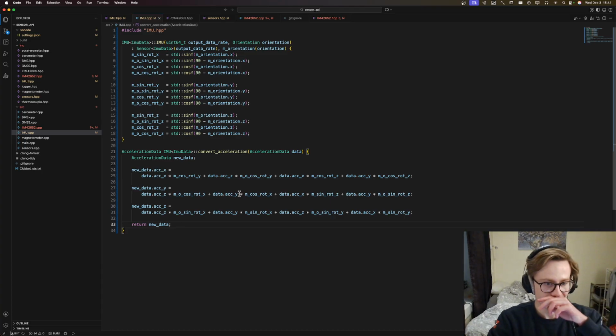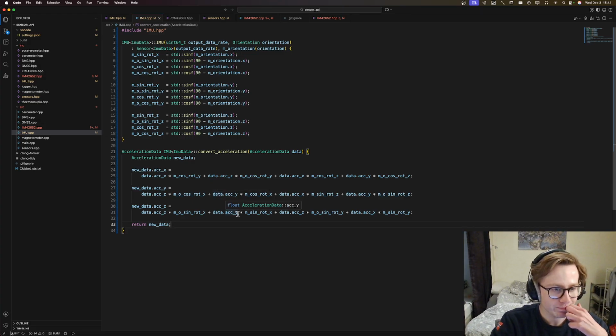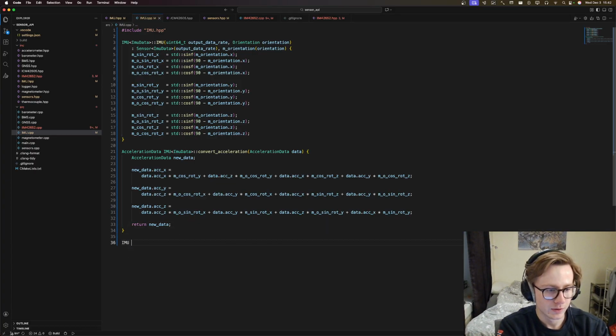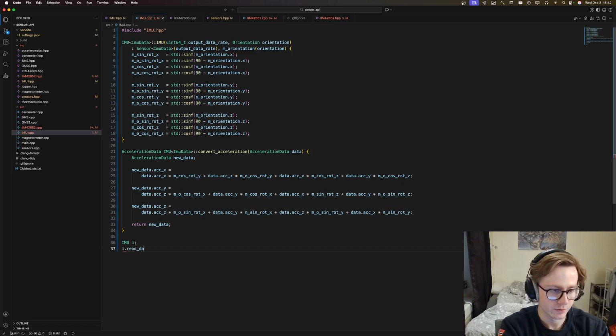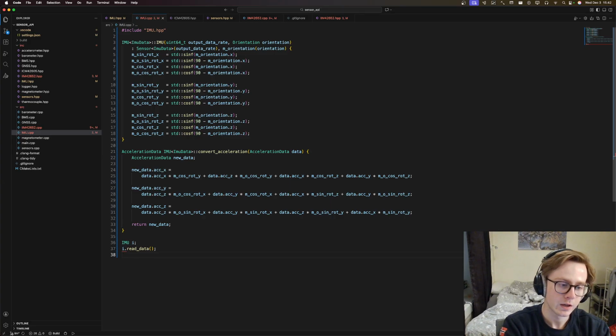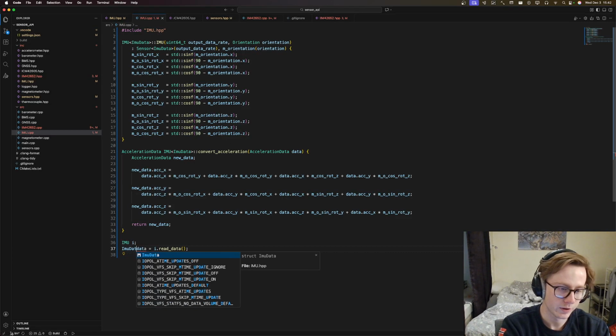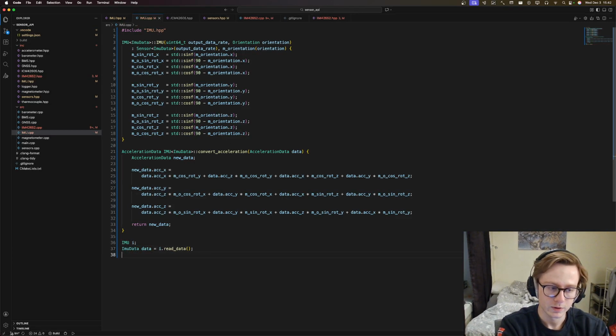But yeah, pretty cool, pretty cool. So now, ultimately, you would have this IMU, right? I don't know if you have an init function yet. So then we can have that A reads data. I don't remember what we call it. To have some data, right? This is probably IMU data. Then we can do acceleration data. Acceleration should be data acceleration data.